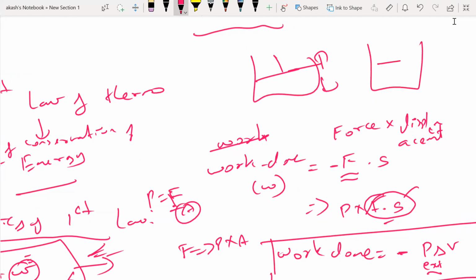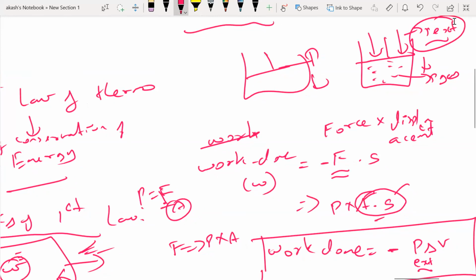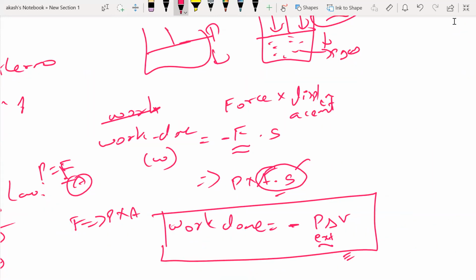Look at this. So there is some gas inside. This is the pressure of the gas, but if I exert some pressure here, that compresses. So in this case, we have to consider the external pressure only in the equation. Please understand, we are not taking the pressure of the gas. Sometimes the external pressure and the pressure of the gas can become equal.